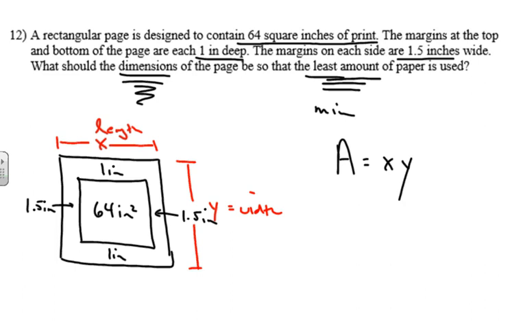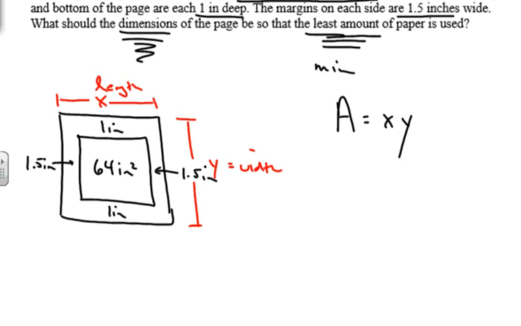Now, this is where we come to x times y, two variables, and we can only solve for this equation and put in the minimum with one variable. So we need to eliminate variables. The other information that we're given, if you recall, is that the printed side is 64 inches squared.